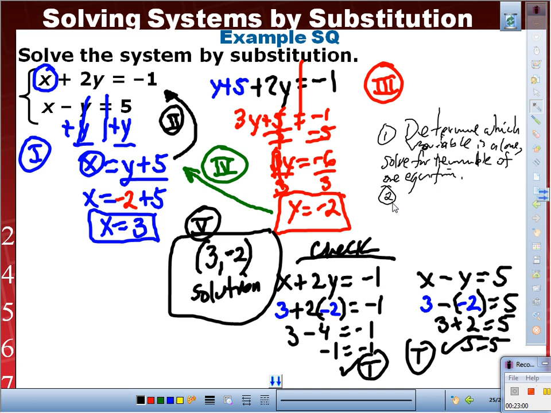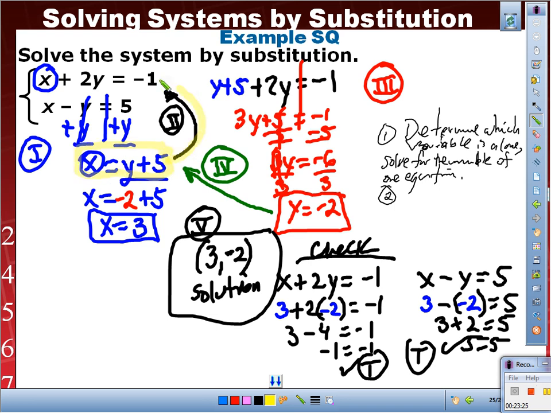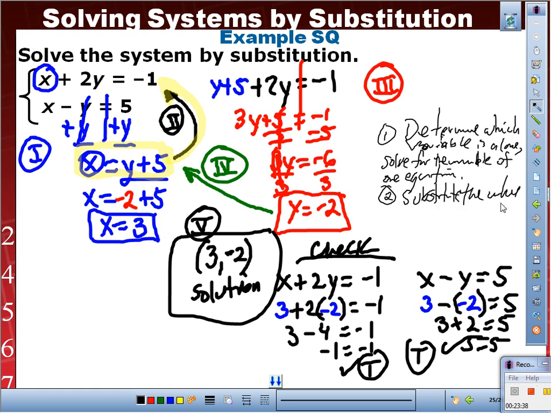Step 2. So we solved one of the equations for one variable. What do we do from here? We've got step 2. Danny. Substitute the value of the variable.